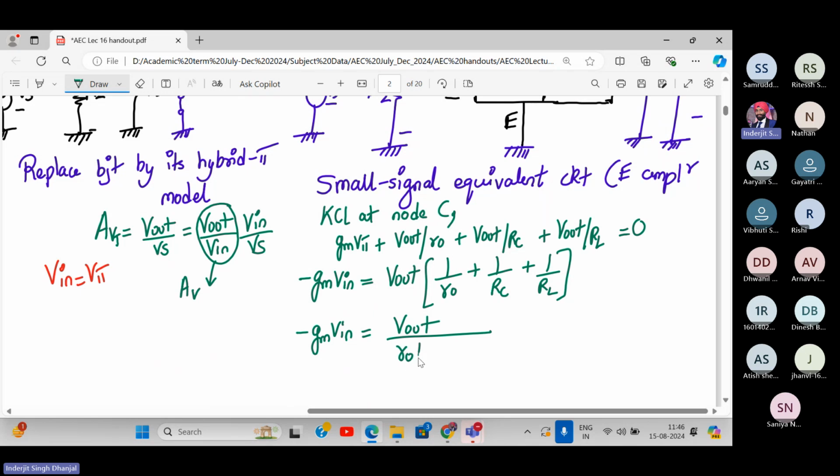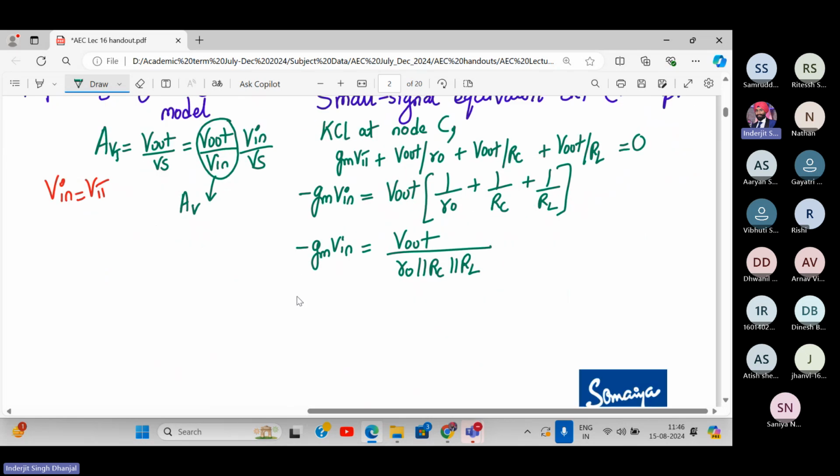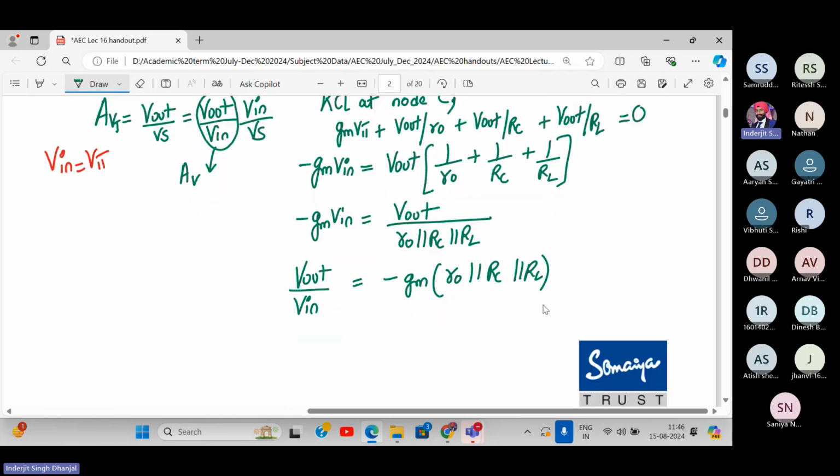So it will be Ro parallel to RC parallel to RL. I hope you are getting it. Now if I equate V out upon V in, what do we get? Minus gm into Ro parallel to RC parallel to RL. All right. And this becomes my voltage gain excluding the source.